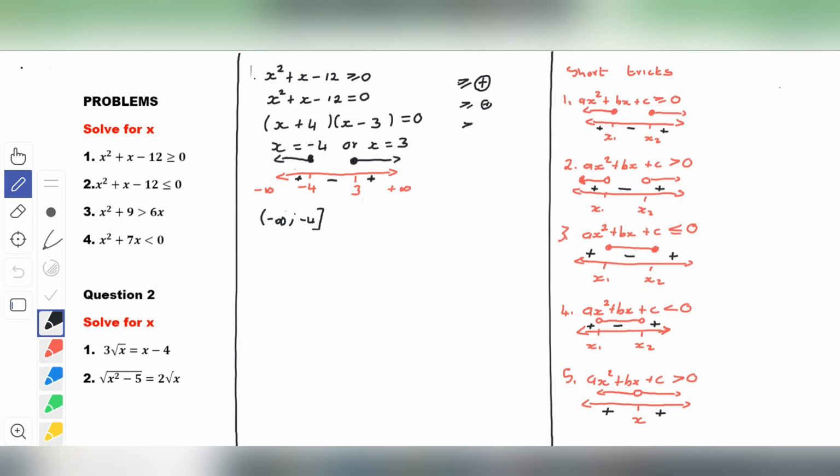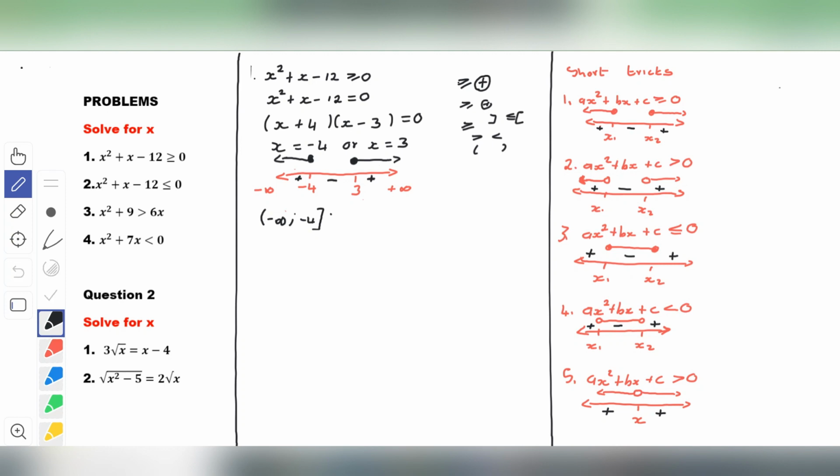Because we have greater than or equals to. If it was only greater than, or only less than, we would just use the open intervals. But because we have greater than or equals to, we use the closed interval. Even with less than or equals to, as long as there's an equals to, we have the closed interval, right guys?